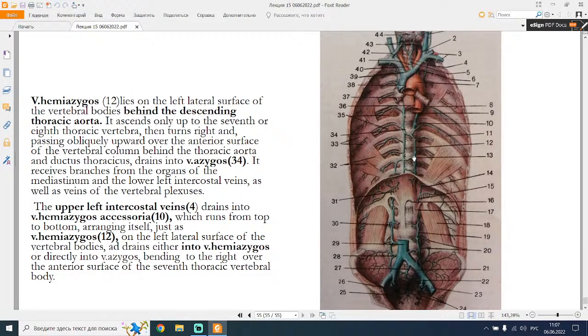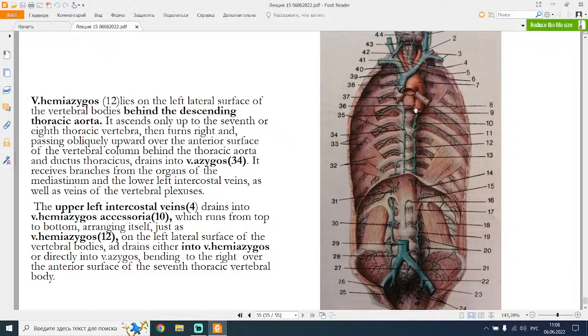That is, vena hemiazygos drains into vena azygos. It receives branches from the organs of the mediastinum and lower left intercostal veins as well as veins of the vertebral plexus.